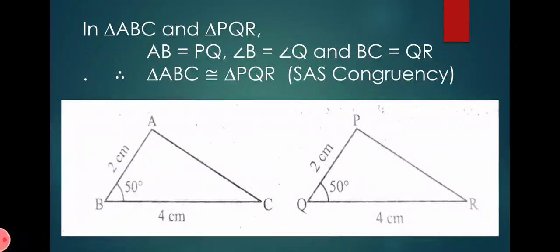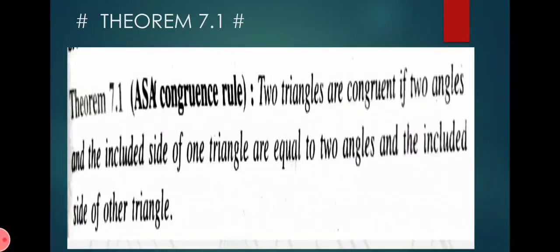Now, the next criterion is given in the form of a theorem. Theorem 7.1, that is the ASA congruence rule. The statement of theorem 7.1 states: two triangles are congruent if two angles and the included side of one triangle are equal to two angles and the included side of the other triangle.